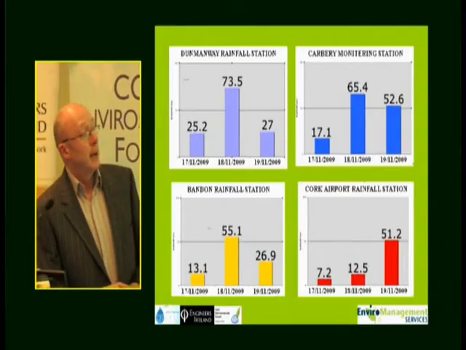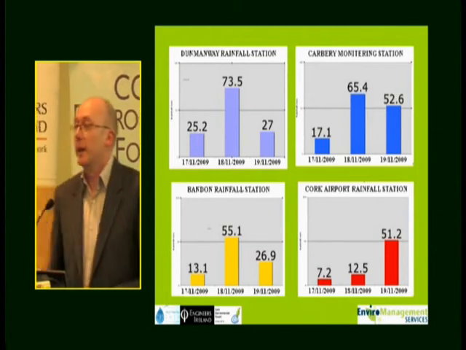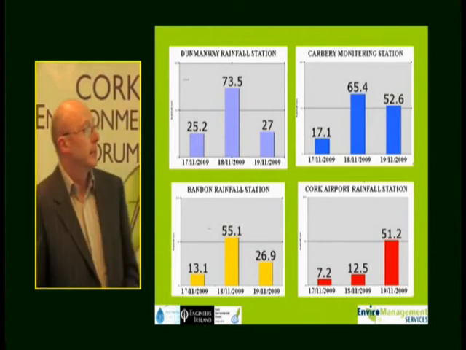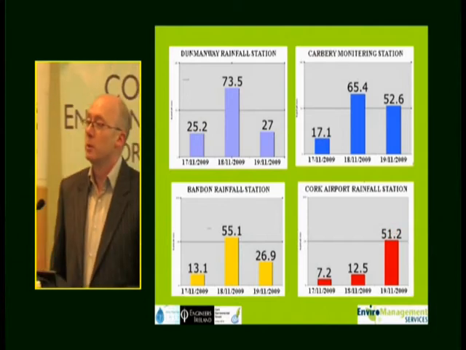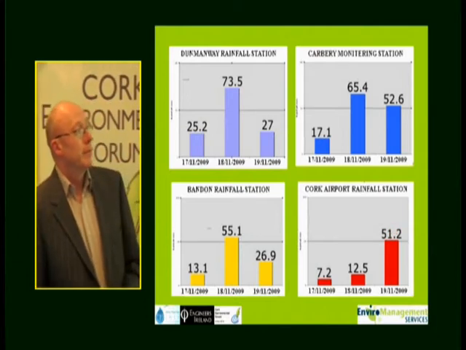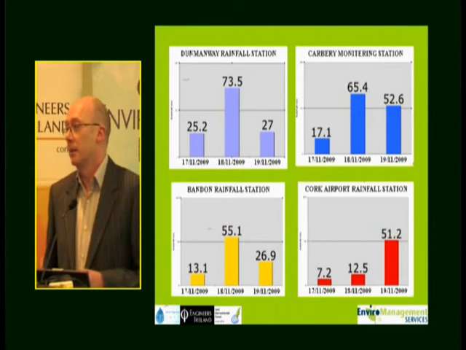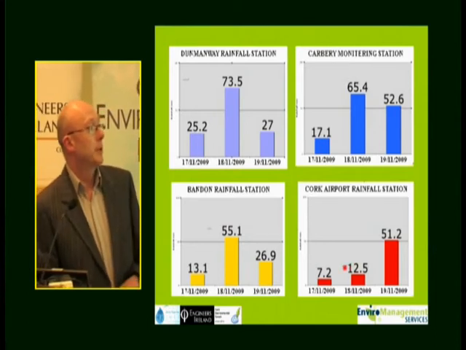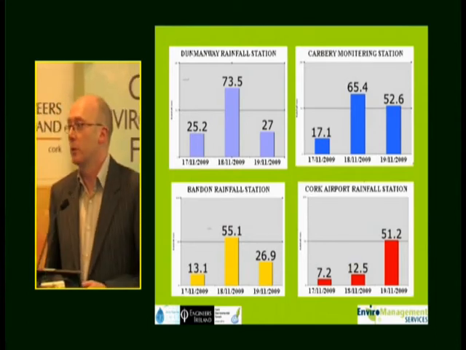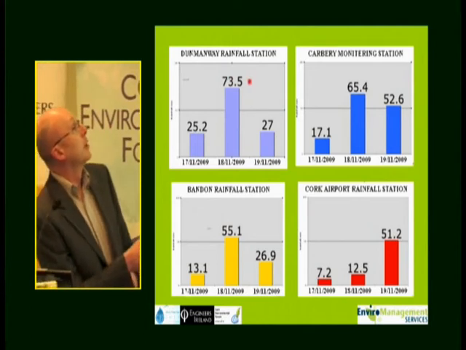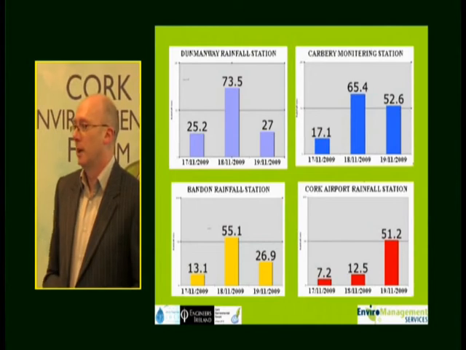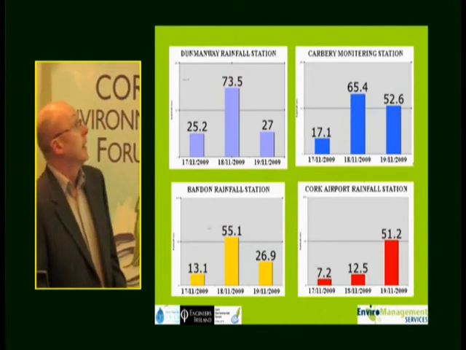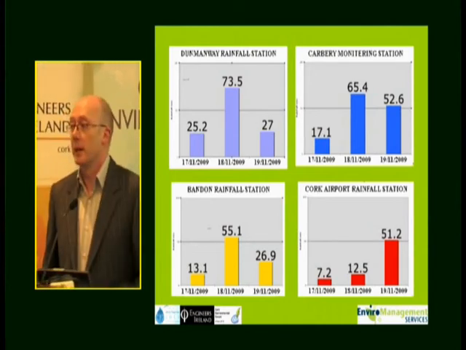Cork on the 18th, if we look at the 3 days preceding the major flood in Bandon and Cork City, Cork Airport had 51.2 millimetres of rainfall on the 19th of November, 12 on the day before, and then 7.2 2 days prior to that. If we look at Dunmanway, they had 73.5 millimetres of rainfall on the 18th and 27 on the 19th.